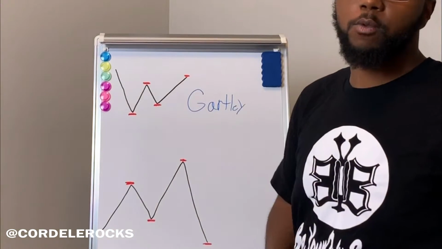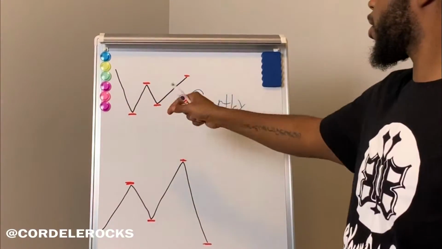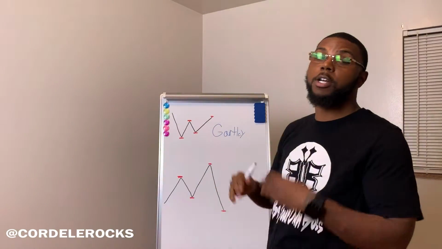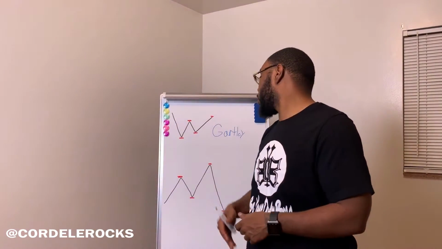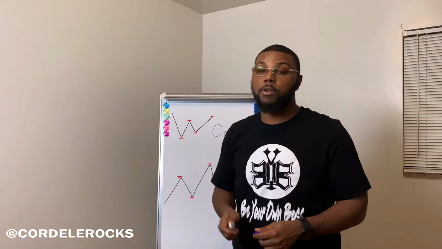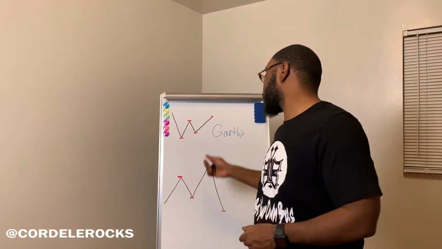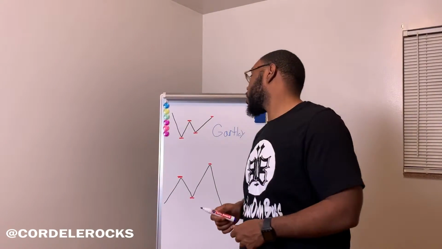This is one of my favorite ones. This particular pattern shows up in the market a lot more often than most of the patterns that I trade. So this one in particular is one to definitely look out for.